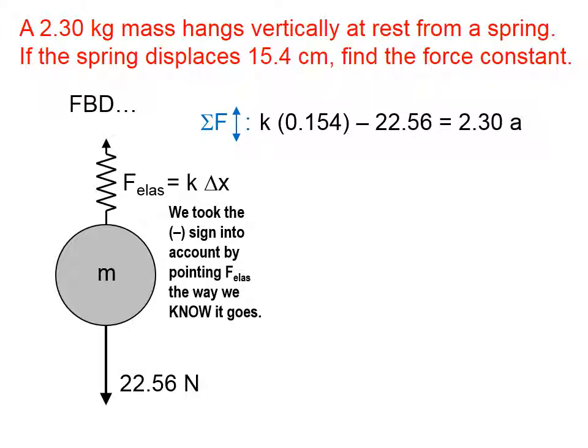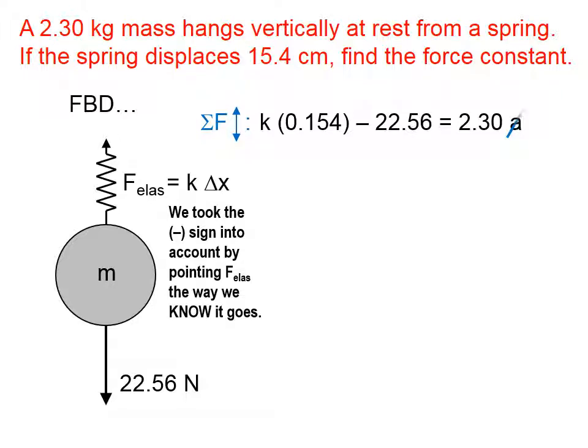k times delta x. Delta x is the amount of stretch in the spring, and notice that I've converted it from centimeters into meters. So k times delta x upward minus 22.56 downward, and by Newton's second law that should equal the mass of the object times the acceleration of the object.